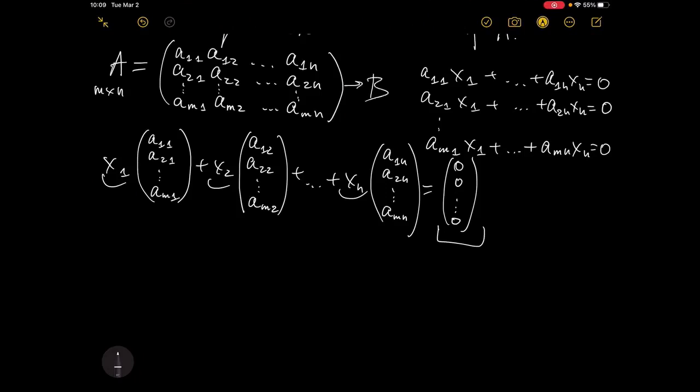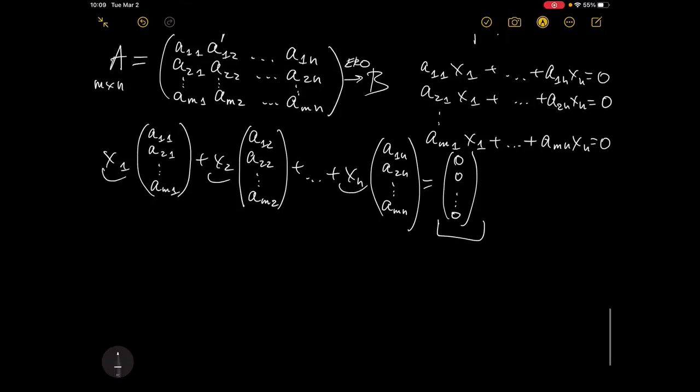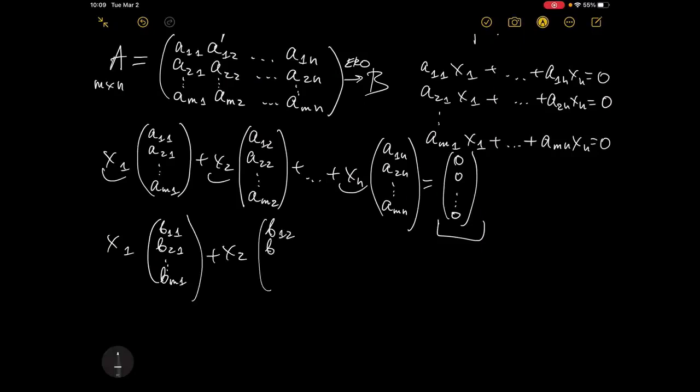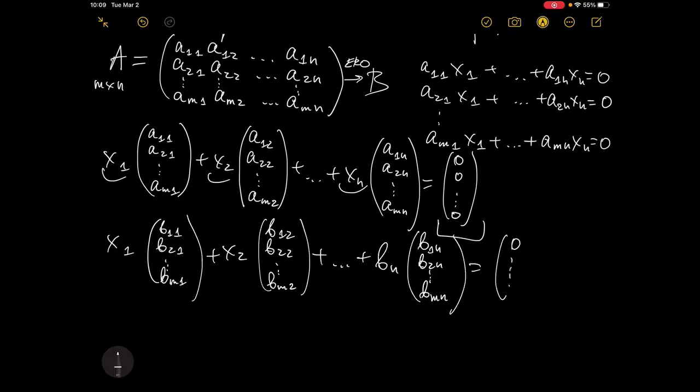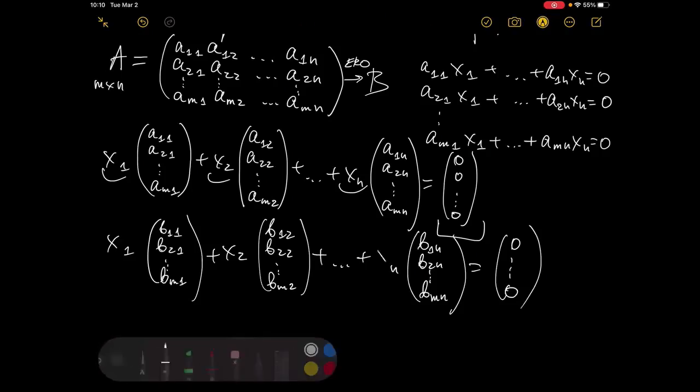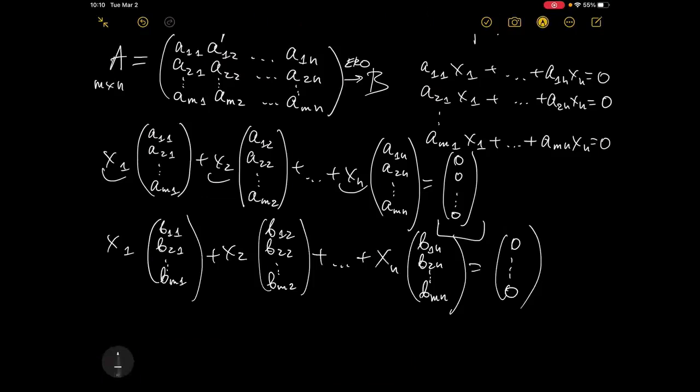If I change it to some matrix B using elementary row operations, I can write exactly the same linear combination, with x there. So under elementary row operations, the relation between columns doesn't change.